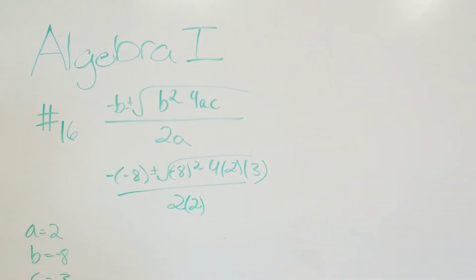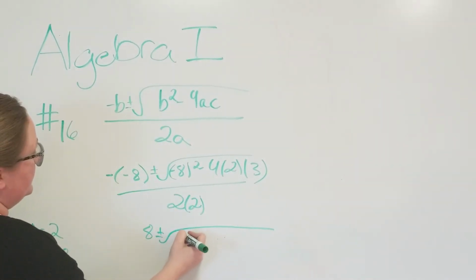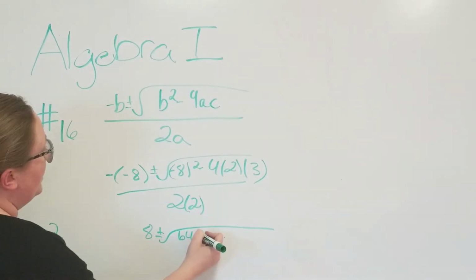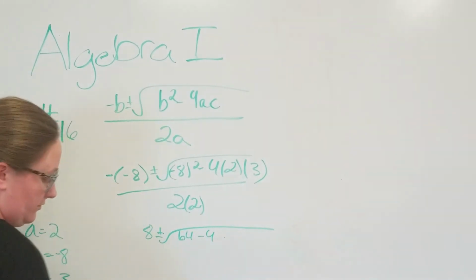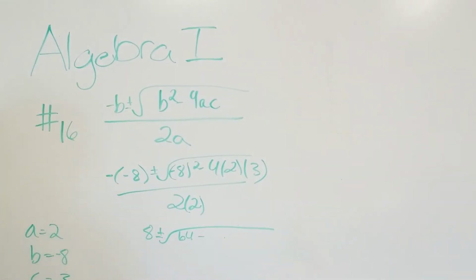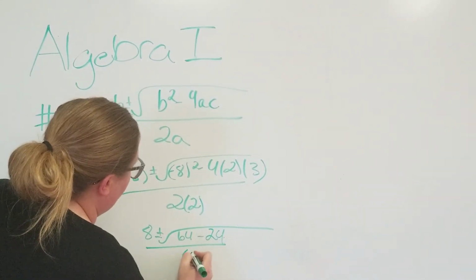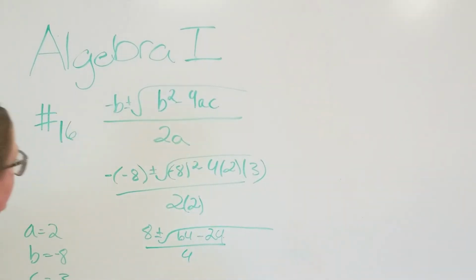All right, so negative 8 makes a positive 8, plus or minus negative 8 squared is 64 positive, minus 4, we might as well do that. 4 times 2 is 8, times 3 is 24. I knew I was saying something wrong. 24 over 4.